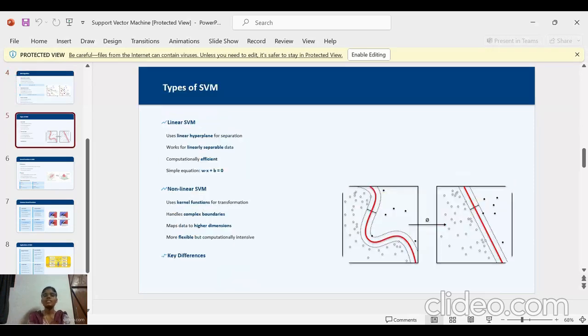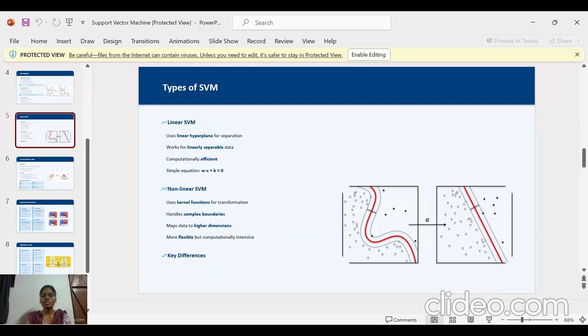Next, we will see about types of SVM. SVM is mainly categorized into two types: linear SVM and non-linear SVM. Linear SVM is used when data is linearly separable, meaning a straight line or plane can separate the classes.